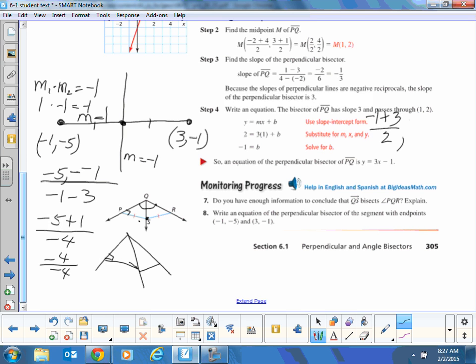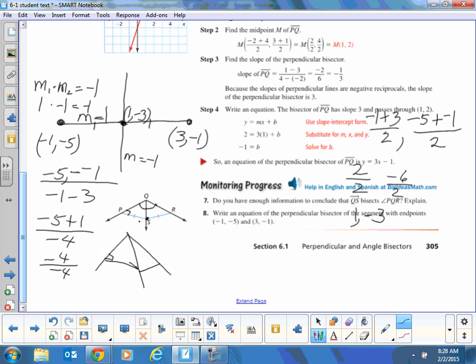And then -5 plus 1 over 2. You add the x's together, divide by 2. Add the y's together, divide by 2. So I've got 2 over 2 and here I've got -6 over 2. So I've got 1 and -3. So I found the midpoint. It's 1, -3.